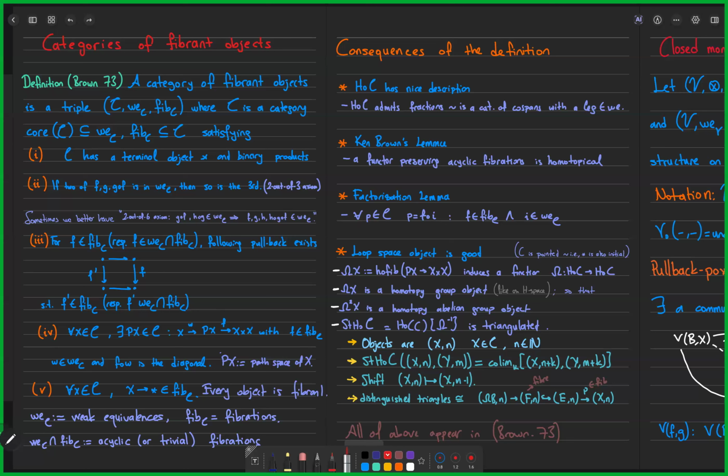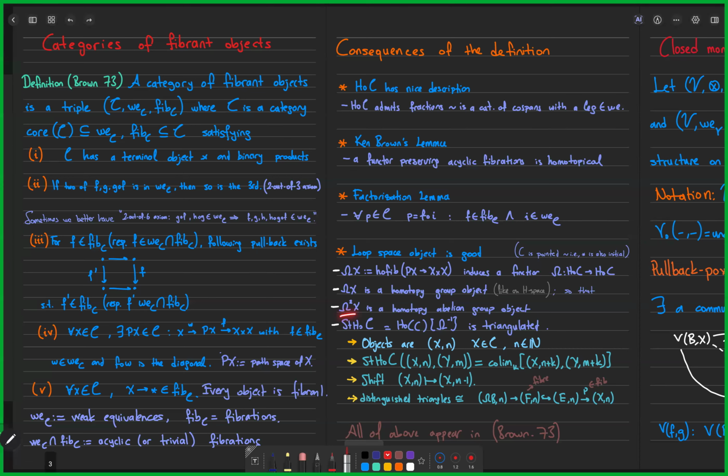And there is also stabilization, which gives a triangulated category. There is a loop space object, and these loop space objects are obtained by taking the homotopy fiber of this morphism here, and it defines a functor from the homotopy category to the homotopy category of C, and this is a homotopy group object, like H-spaces in topological spaces, for an analogy.